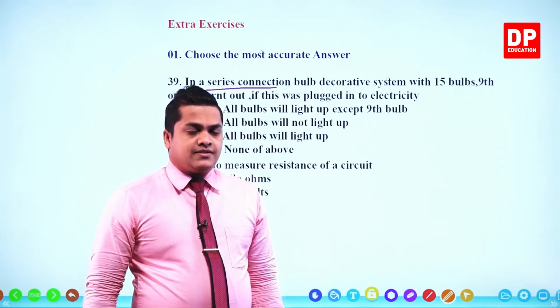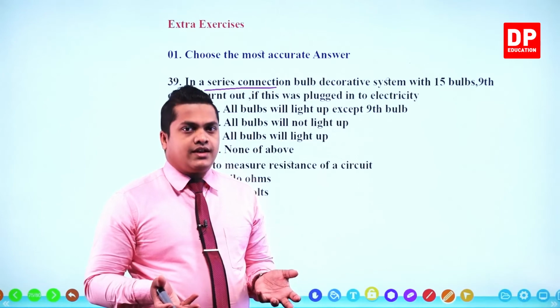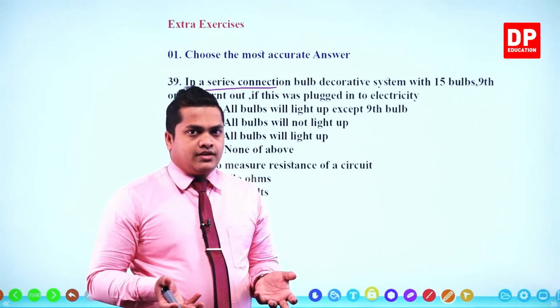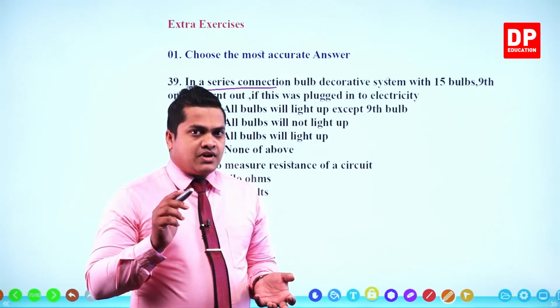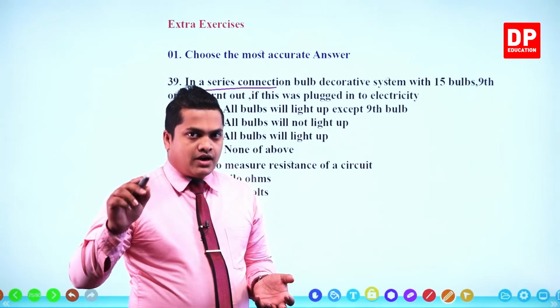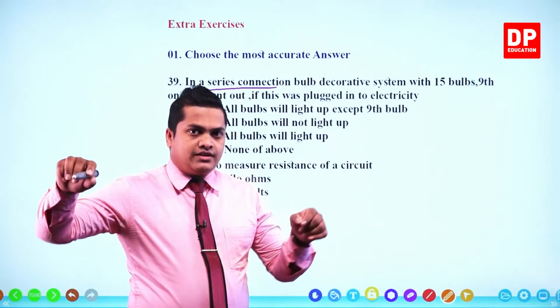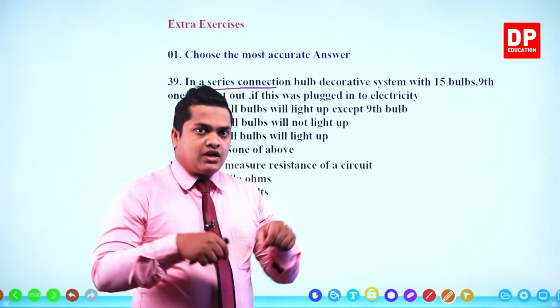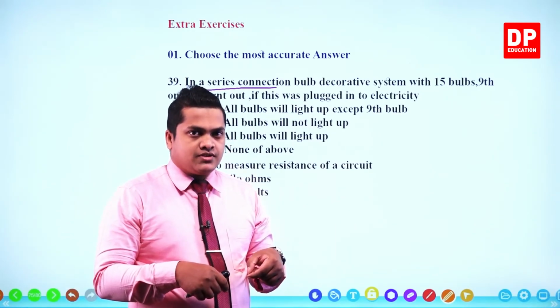So if they are series connected to each other, then electricity is passing from one to another, then the first one and the final one come together to the electric source.